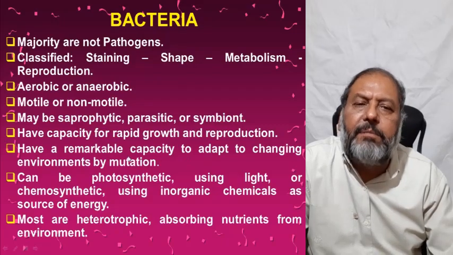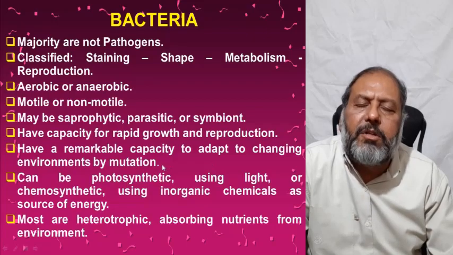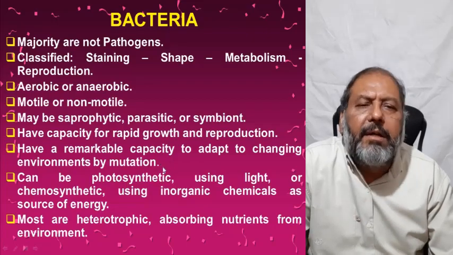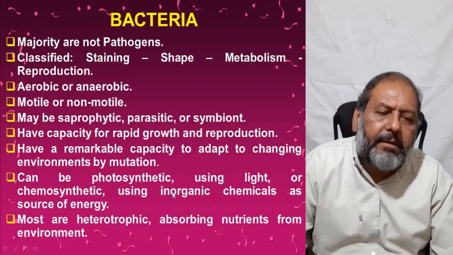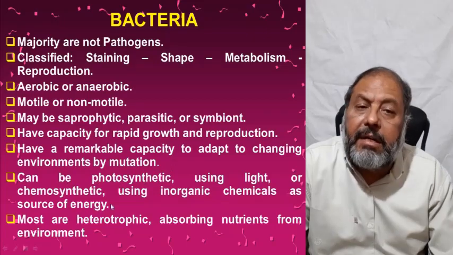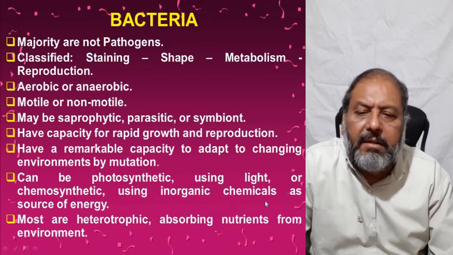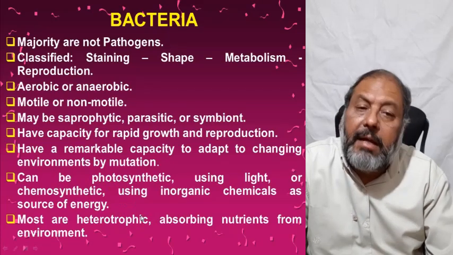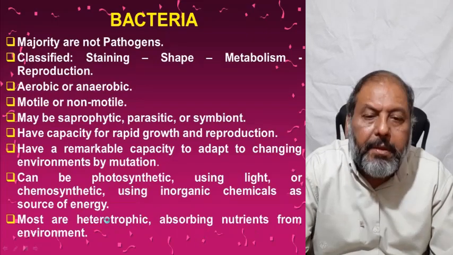They have a remarkable capacity to adapt to the changing environment by mutation, so they can live in the host for a longer time and comfortably. They can be photosynthetic, using light, or chemosynthetic, using inorganic chemicals as a source of energy to live. Most are heterotrophic, absorbing nutrients from the environment.